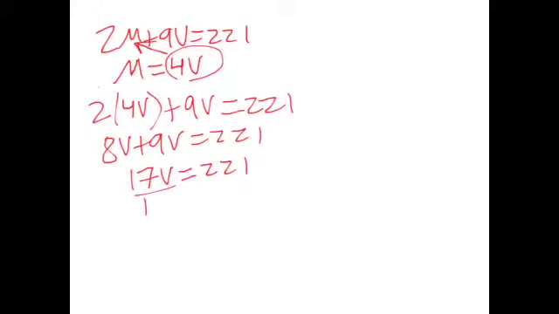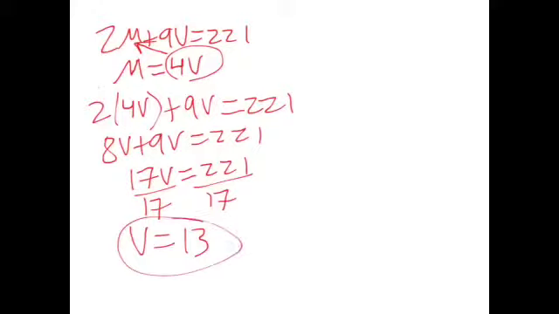And you just need to divide both sides by 17 to get V equals, well, 221 divided by 17 is 13. So the number of vampire books is 13. So if we want to get the number of boxes of Myconix, we're going to take 13, put it back into our equation there to get M equals 4 times 13.